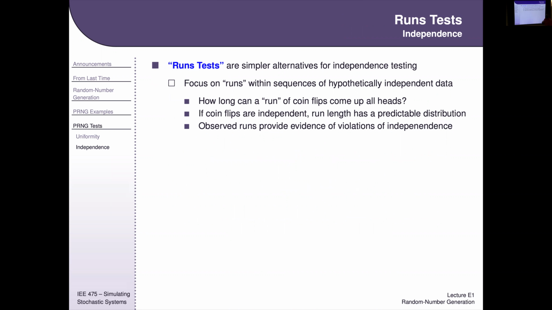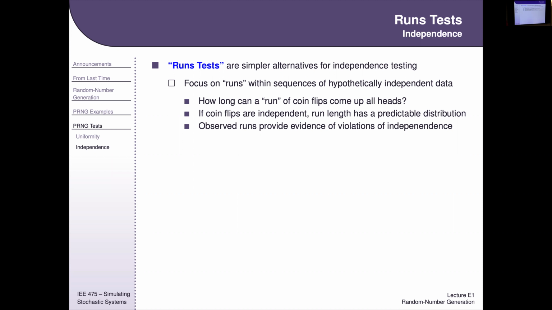And so instead, what we do to test for independence, this is the test you should know how to do for the exam, is a so-called runs test. And so we have to think about what's a different prediction we can use to test for independence. Rather than doing this explicit correlation analysis, what we say is, in the null case of an independent data set, how often would I get a string of the same outcome?